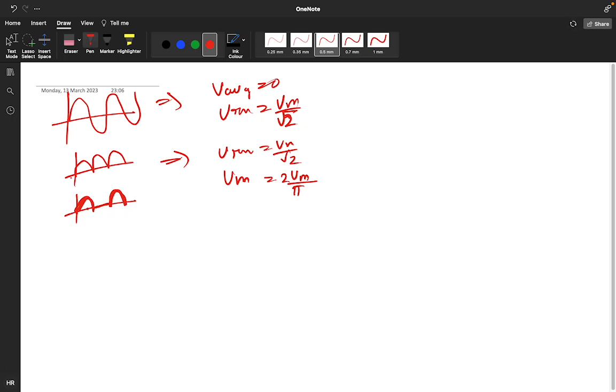If you are getting a signal like this, what will be the RMS value of this signal?